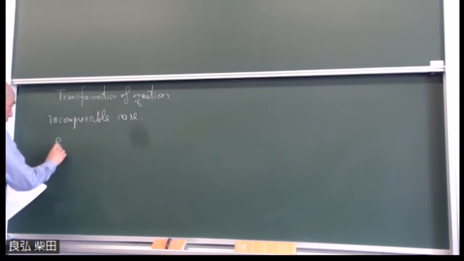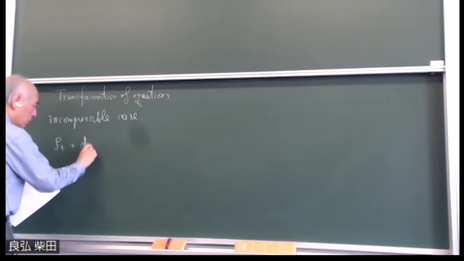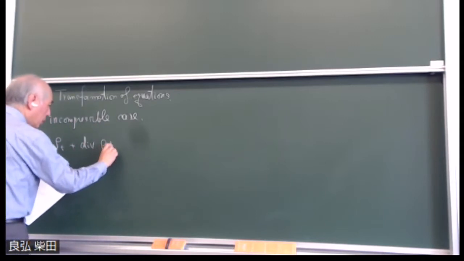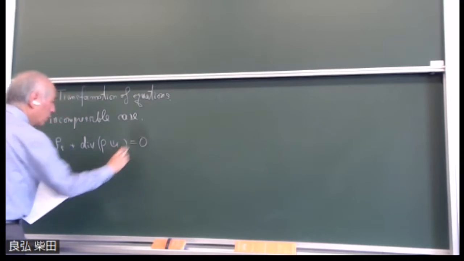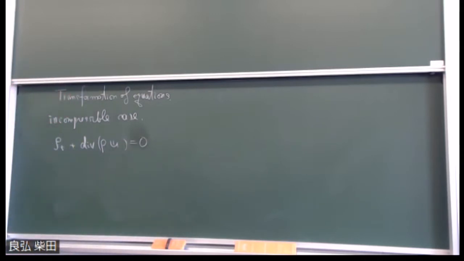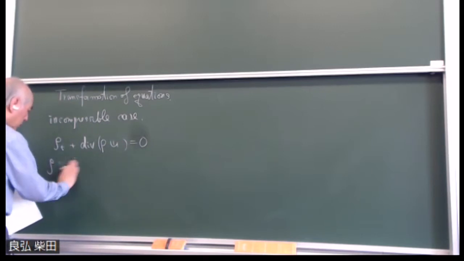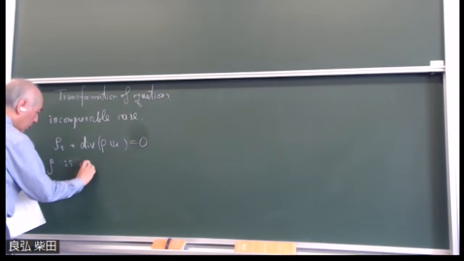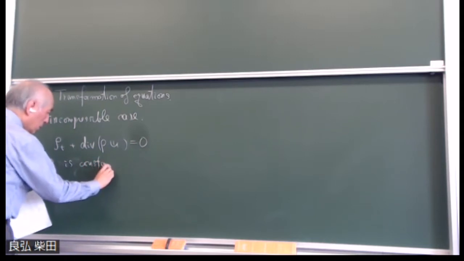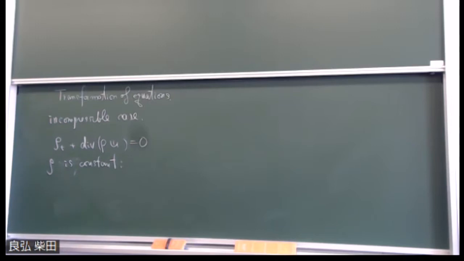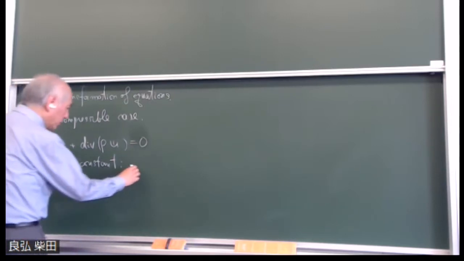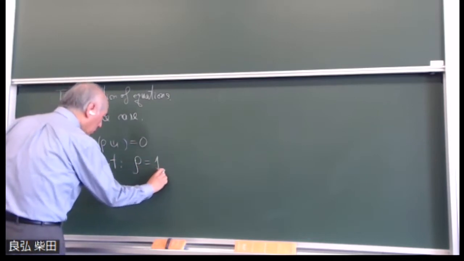So now, if you consider this U, I assume that rho is constant. So essentially rho equals 1 from now on.